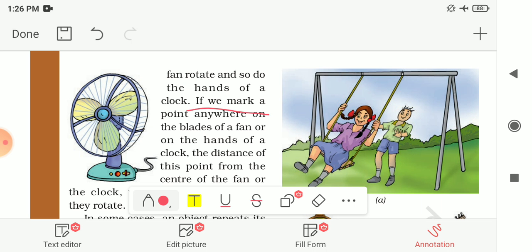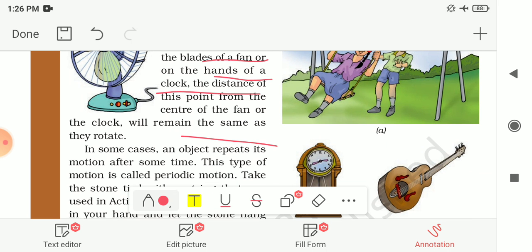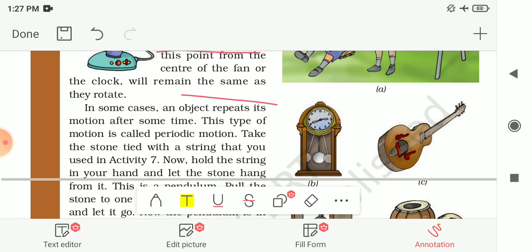If we mark a point anywhere on the blades of a fan or the hands of a clock, then the distance of this point from the center of the fan or the clock will remain the same as they rotate. That means they are moving in a circular path. That motion is known as circular motion. So this is another type of motion in which objects move in a circular path. That is circular motion.